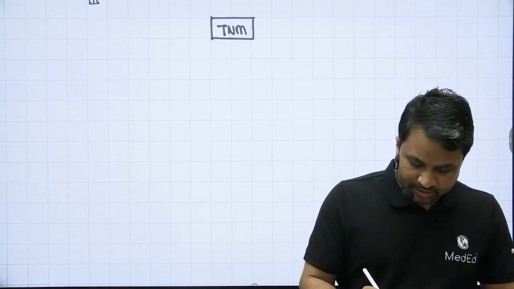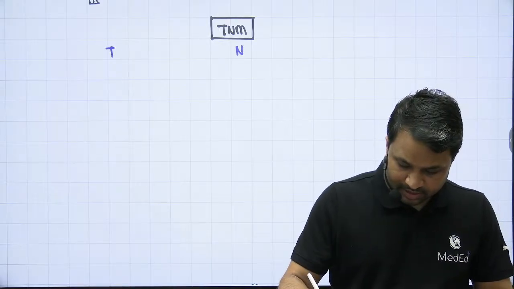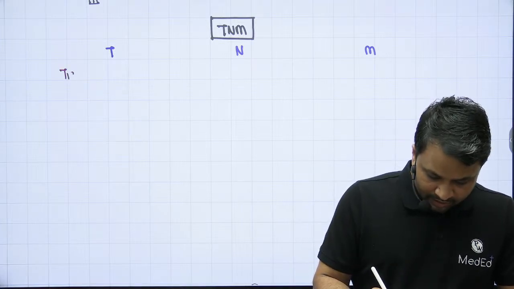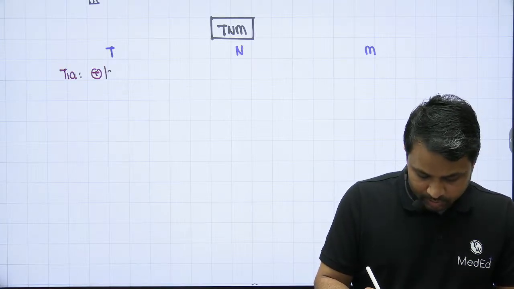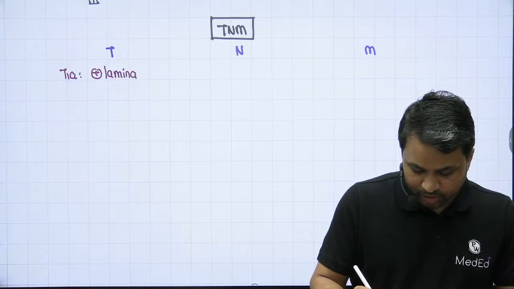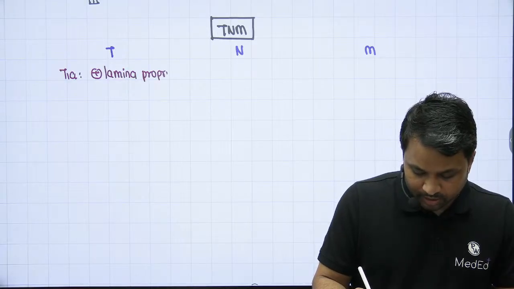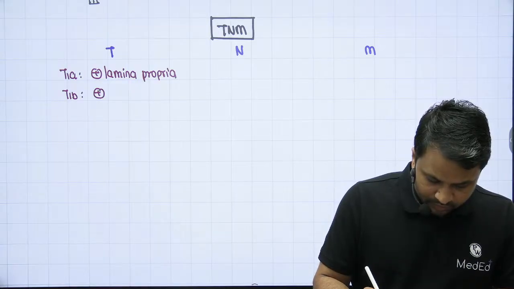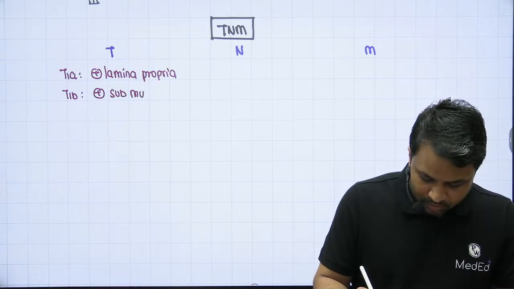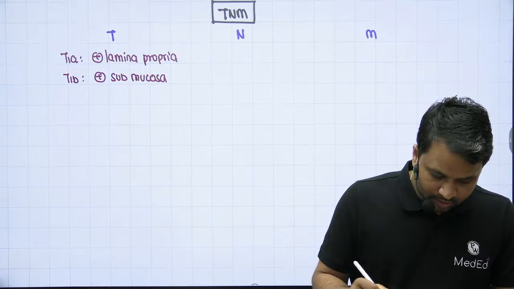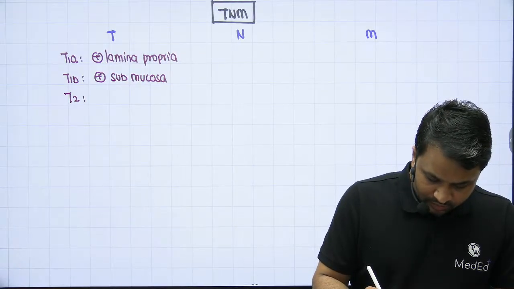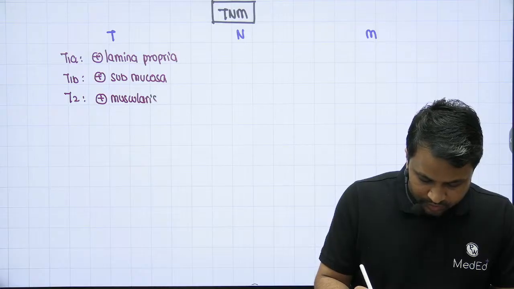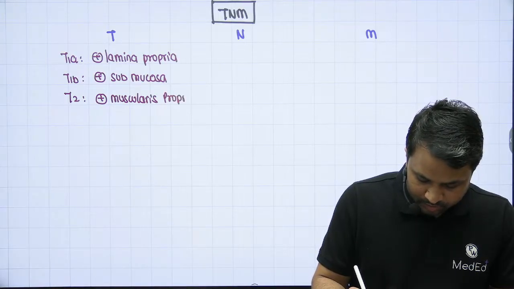In the TNM, T is the size of tumor, N is the lymph node, M stands for metastasis. You have T1A, which is only involving the lamina propria. Then it is T1B, which is only involving the submucosa. Then you have the T2 variety, where it is only involving the muscularis propria.